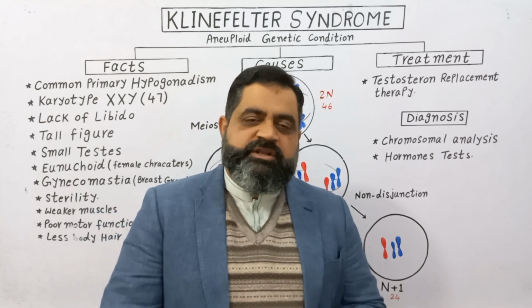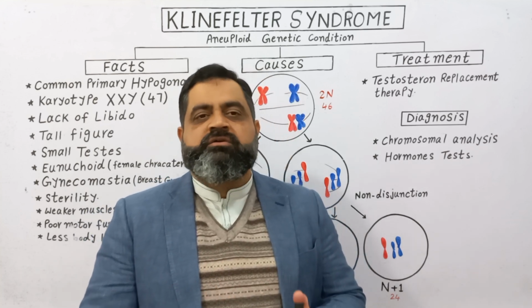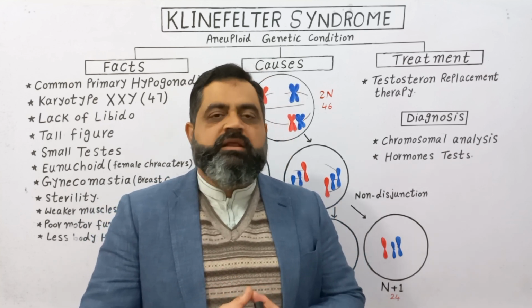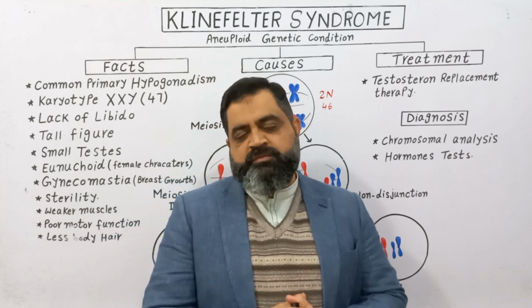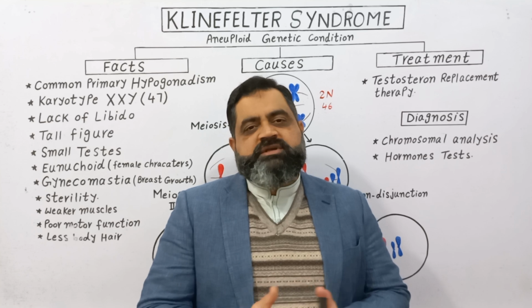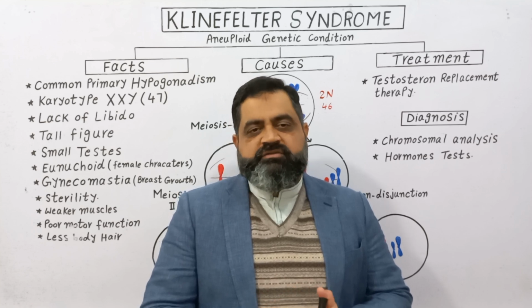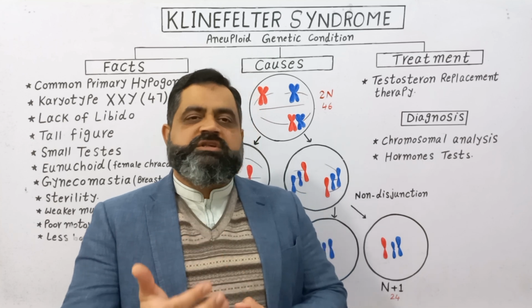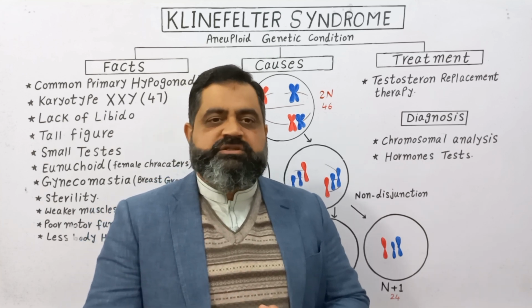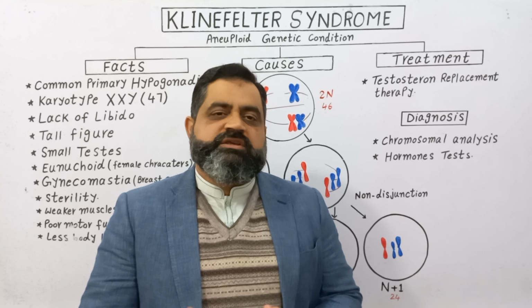Development will take place in the normal way, and the child will be born a male having the symptoms of Klinefelter syndrome. A person can live a normal life in childhood, then in adolescence and adulthood the symptoms will increase.